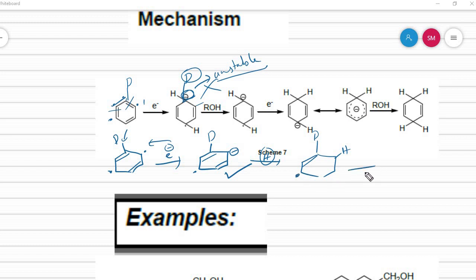Again this radical will abstract an electron from the solvated electron system, then a proton, forming the hydrated system. So that's why the double bond attached carbon will not reduce.